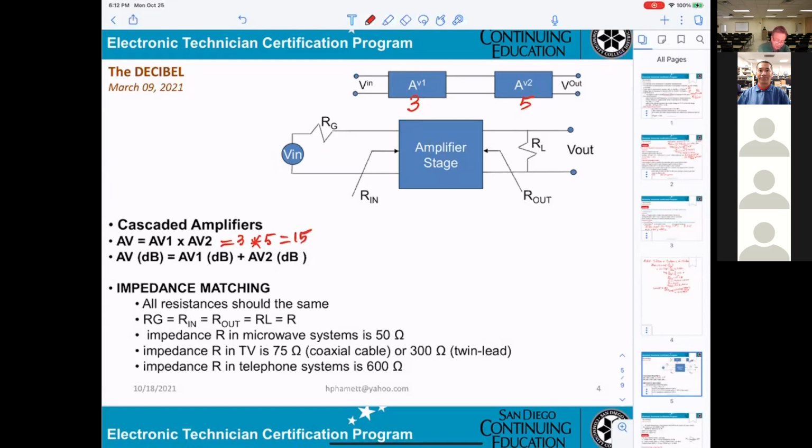However, if they say it is 3 dB and 5 dB, then you have to add them. You see the difference. Numerical, you multiply. Okay, thank you. You're welcome.